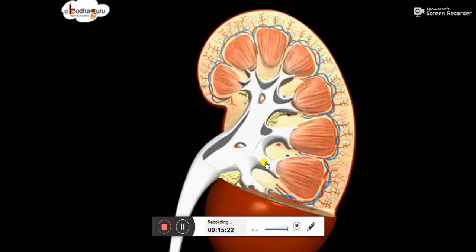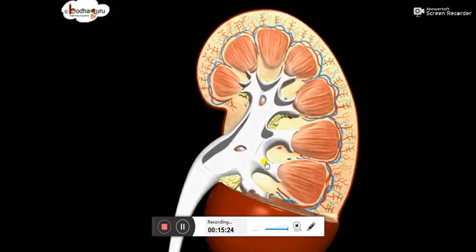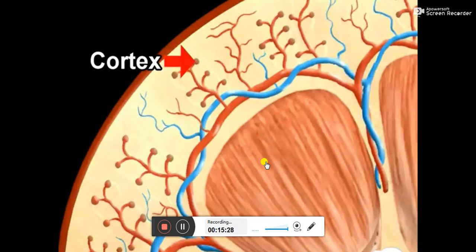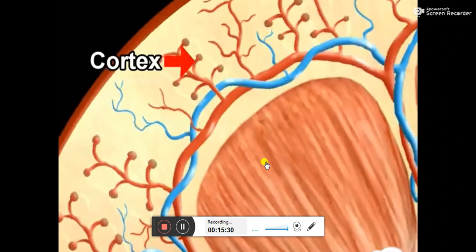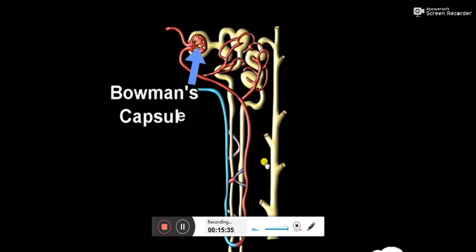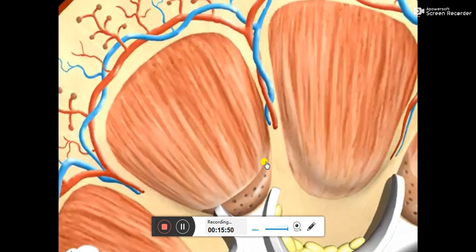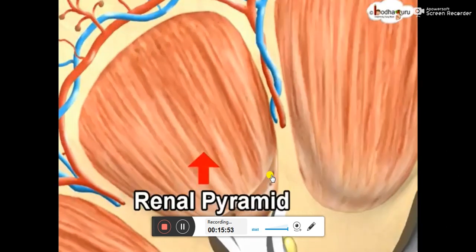Inside the kidney, the outer deep red part, named cortex, is rich in blood capillaries, and blood is filtered by nephrons Bowman's capsule in the cortex. The inner part, the medulla, is pale, and this pyramid-like renal pyramids have bulk nephron tubules which carry the filtrate liquid.